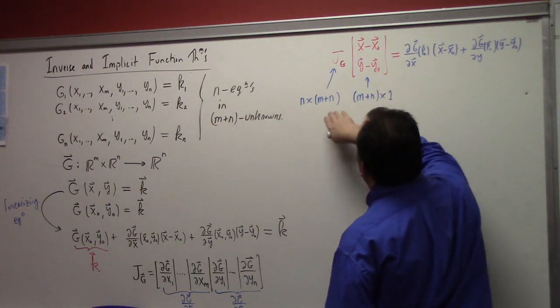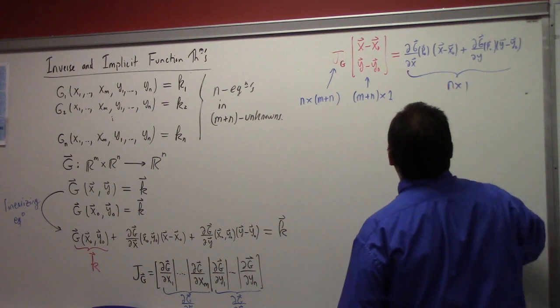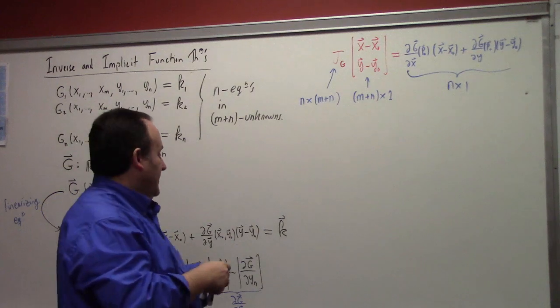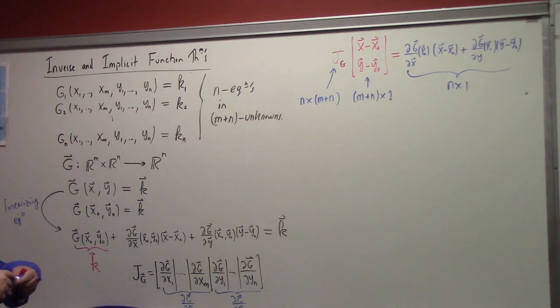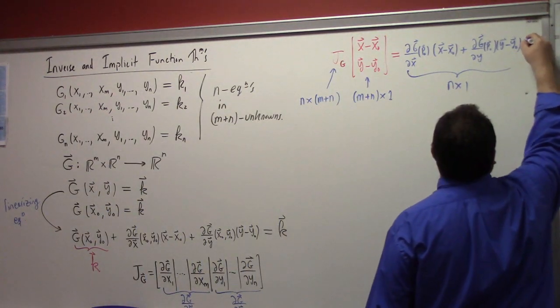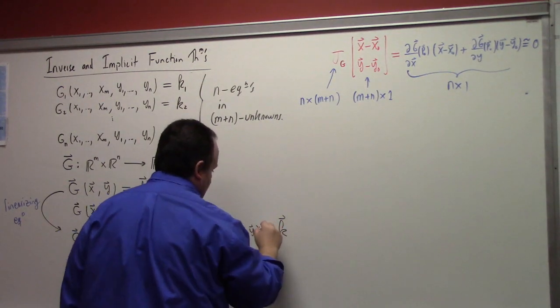When you multiply them, this is an n by 1 column vector again. And by the calculation down here, that's approximately equal to 0, because of course this is the approximation.